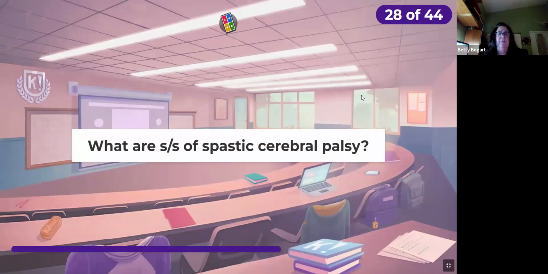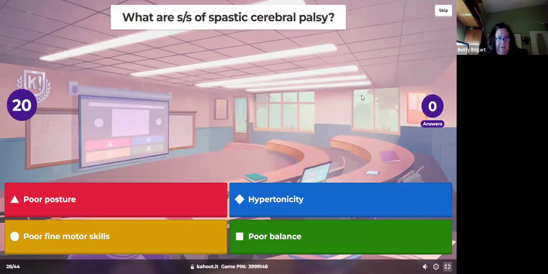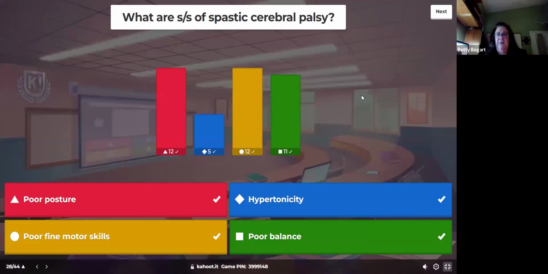What are signs and symptoms of spastic cerebral palsy? This is my little Jonathan. So it is poor posture, hypertonicity, poor fine motor skills, poor gross motor skills, poor balance. This is all the above.